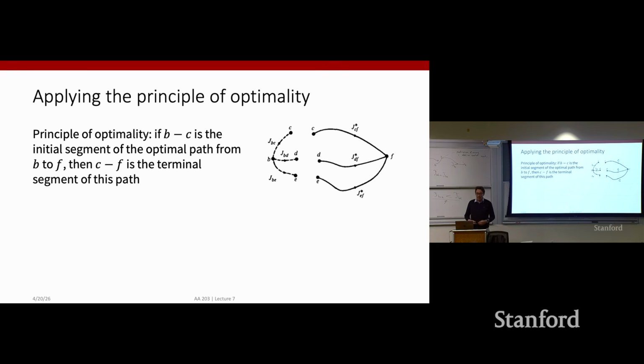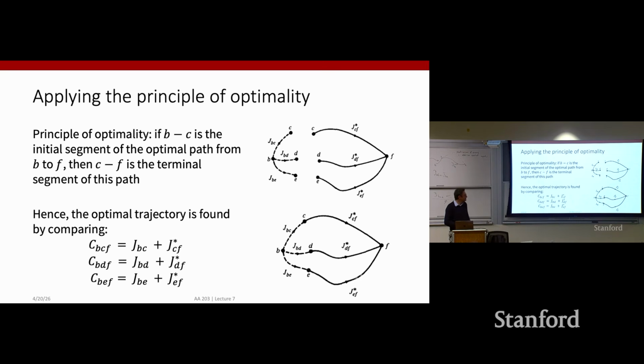So what that means is that instead of brute force solving the entire problem from the beginning, you can just do simple concatenation. So you just look at 3 options. Concatenating the initial segment with the optimal solution to the tail problem 1, the second possible initial segment with the optimal solution to the second tail problem, and the third segment with the optimal solution to the third problem.